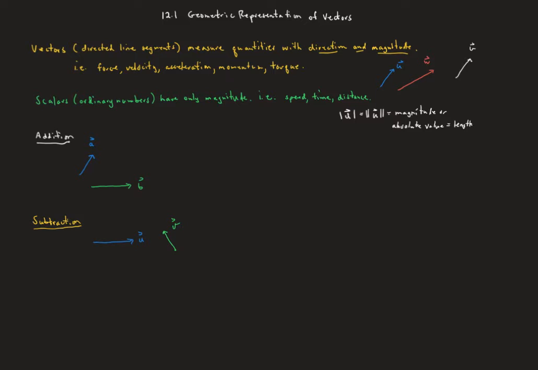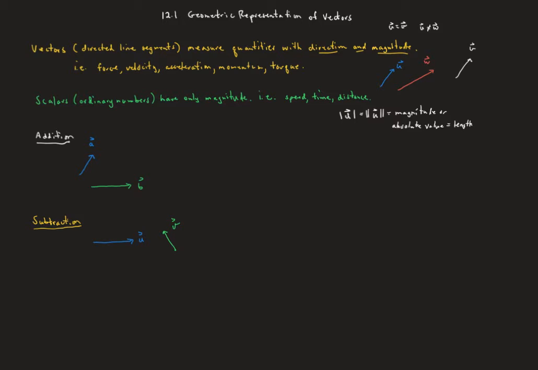So same length, same direction. So you may have to use your imagination, but my intention was to make U and V equal to each other, but clearly U and W are not equal to each other because they have different direction as well as different length. So this is the language and symbolism we're going to try to use with vectors.